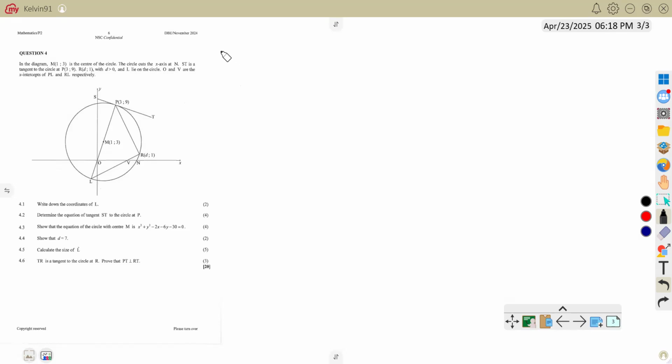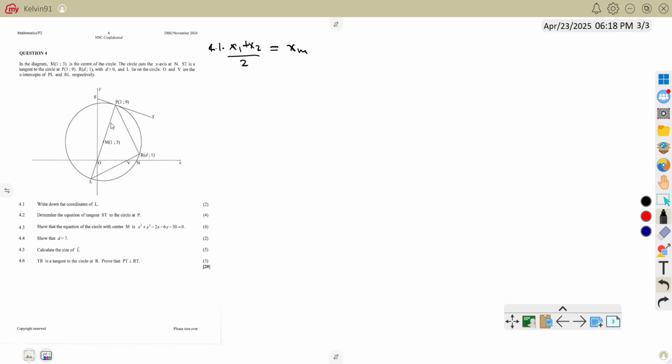So we are going to use the midpoint formula. You go to your formula sheet and copy the correct midpoint formula for our question 4.1. So the midpoint, for X coordinates, we say X1 plus X2 all over 2 must be equal to X at midpoint.